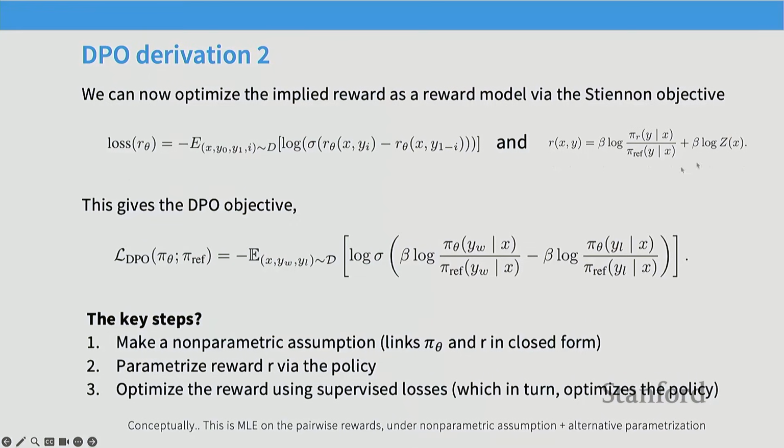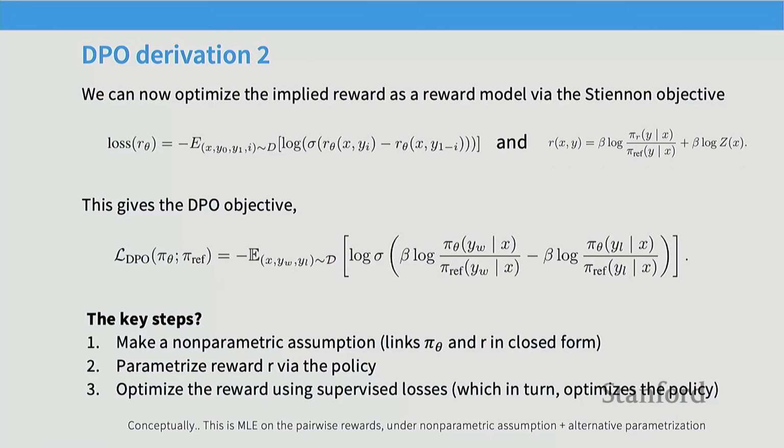And on the right side is the DPO equivalence I wrote down. Now I can plug these rewards r into this objective and minimize this loss. What I want to do is find a policy such that the implied reward for that policy has the highest probability of generating my pairwise comparisons, right?